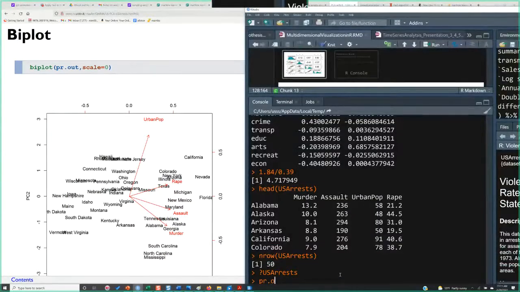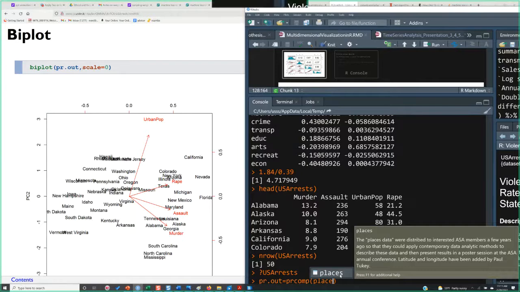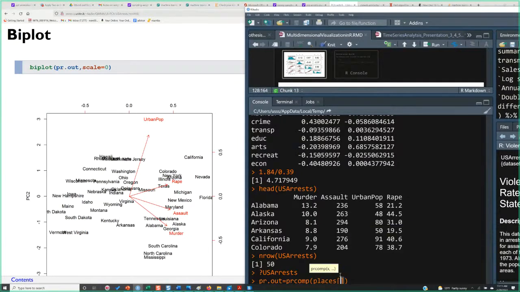PR out is equal to prcomp. The data is USA, not USRS. We are talking about places, so let's do the places, but only columns 1 to 9. Scale is equal to true.